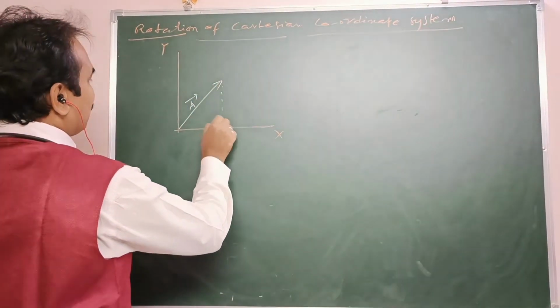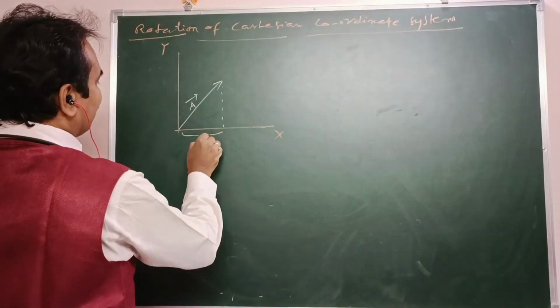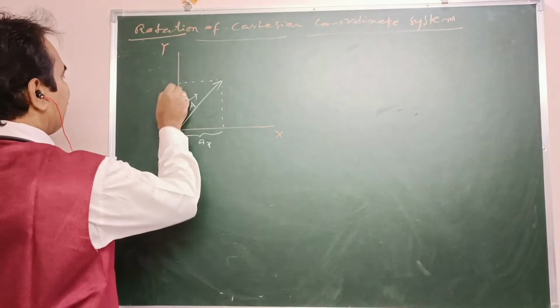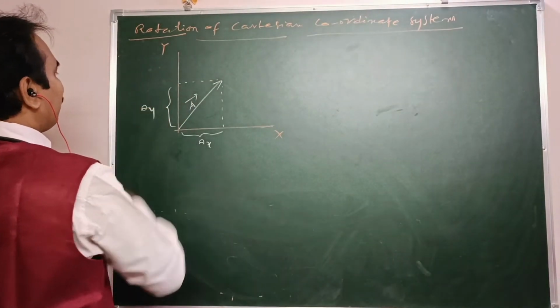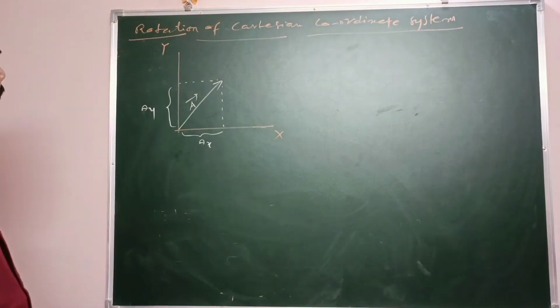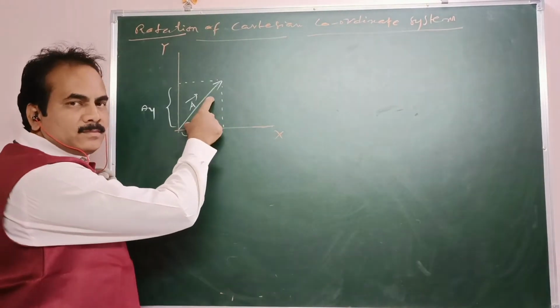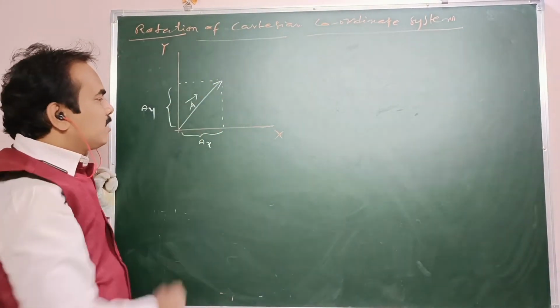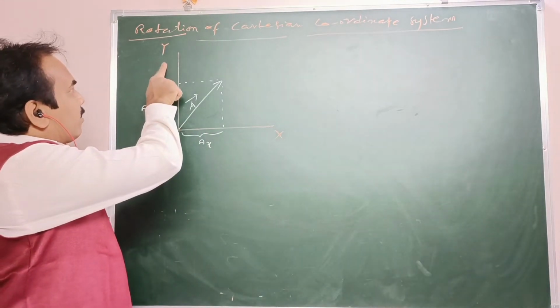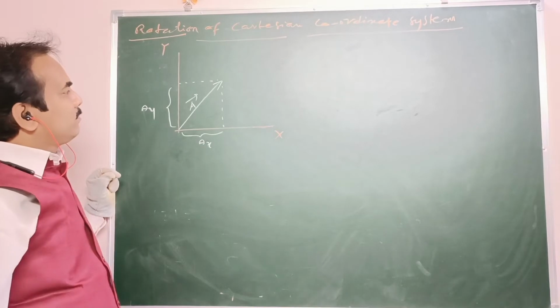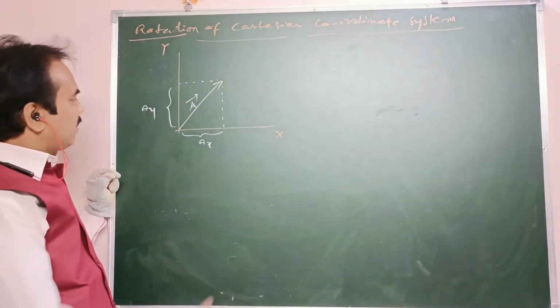This is the x coordinate component of a bar, ax, and this is the y coordinate component, ay. Now we are not at all disturbing the vector. The vector is fixed. Now we are simply rotating the xy coordinate system, either clockwise or anti-clockwise.